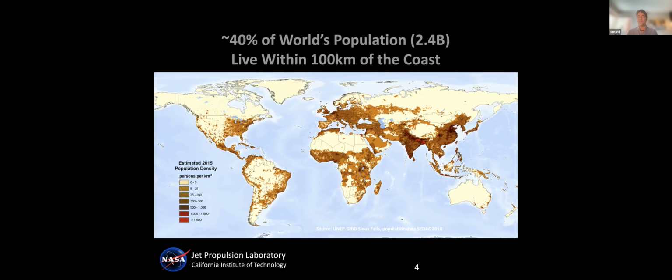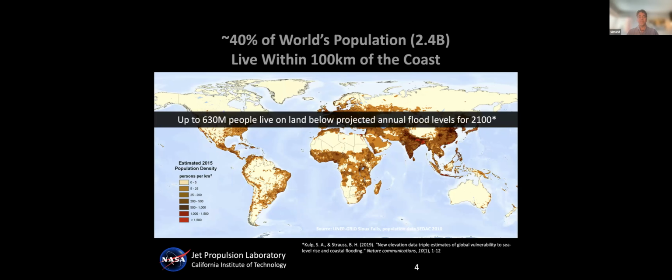And it is important to consider those ecosystems because of all the ecosystem services they provide to us, which I'll be mentioning. It is projected that 630 million people will live below projected annual flood levels by 2100. So that's a lot of people that may need to be protected or displaced. So let's watch out for that.